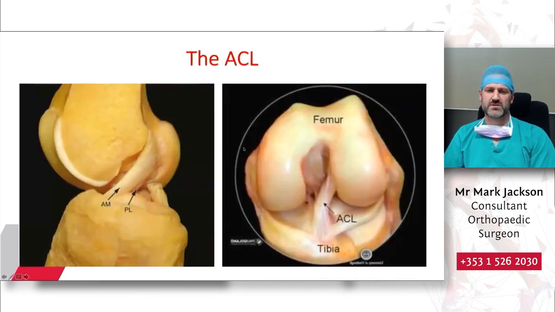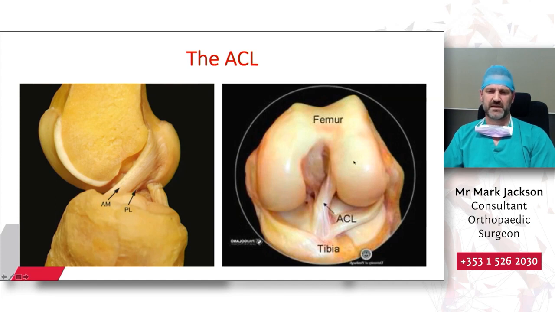And these pictures, which are from cadaveric specimens, the right-hand picture will be looking at the front-on view of a flexed left knee, so the femur being the thigh bone. Here in the middle of the knee, we can see these two ligaments, and this is the ACL, joining the two bones, as we said, together. In most individuals, this will be in the region of about 3 centimeters long, perhaps about 8, 10, 11 millimeters in diameter.